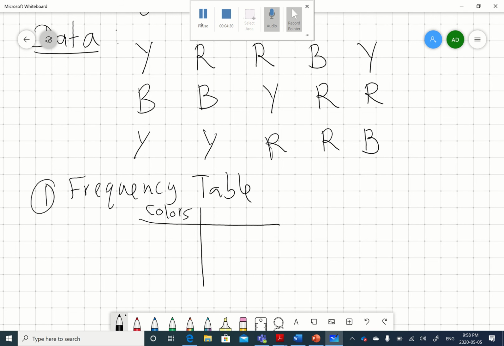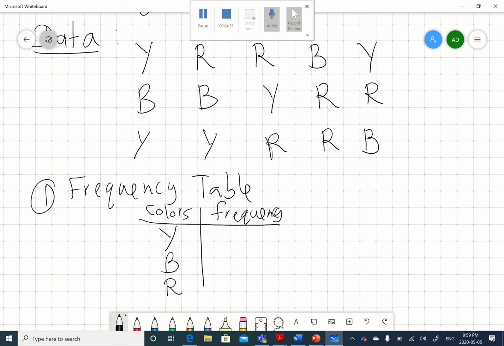And then the second column is to count how many, so frequency. You need to identify distinct colors in the first column. So we have 3 distinct colors: yellow, blue, and red.